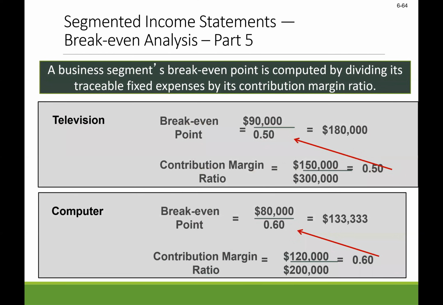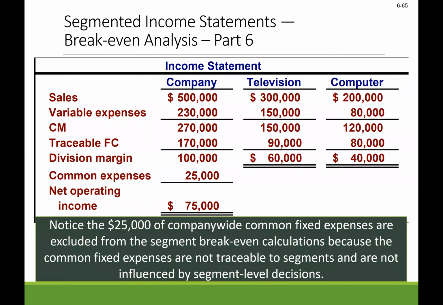For computer, the fixed expense divided by the contribution margin ratio, 133,333. The 25,000 of company-wide common fixed expenses are excluded from the segment break-even calculations because the common fixed expenses aren't traceable to segments and are not influenced by segment level decisions.